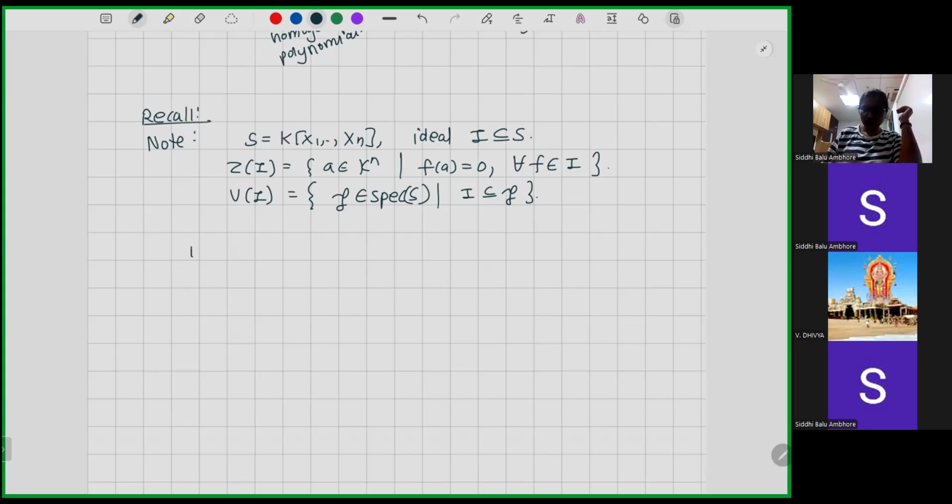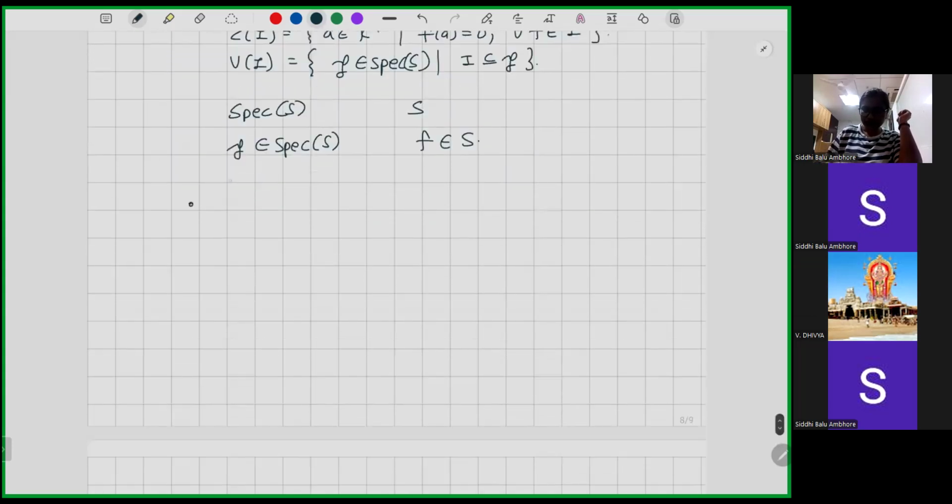So Spec S and S: P in Spec S, F in S. They are like elements of these two sets.